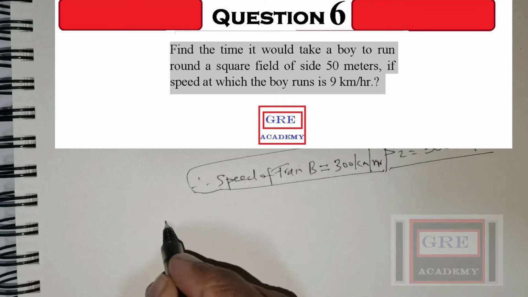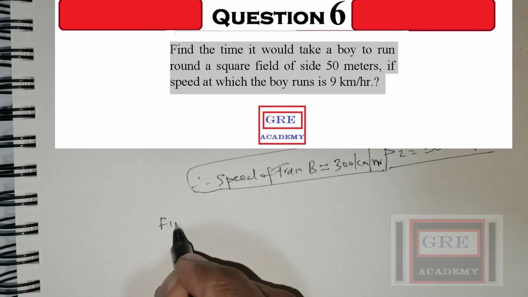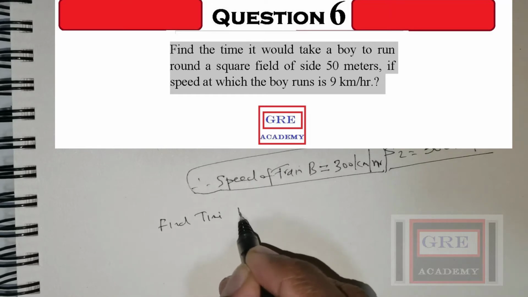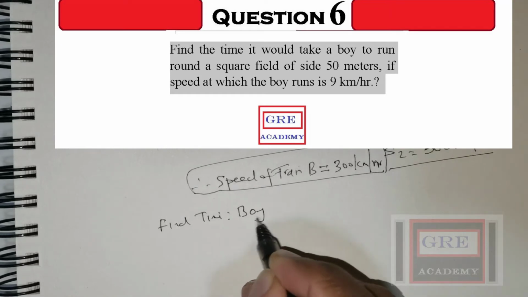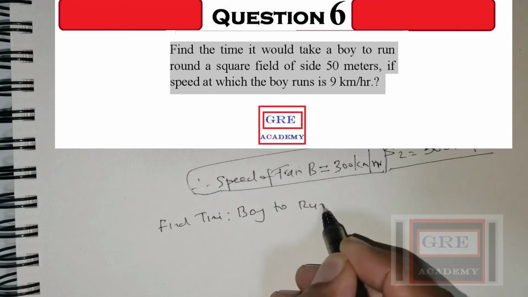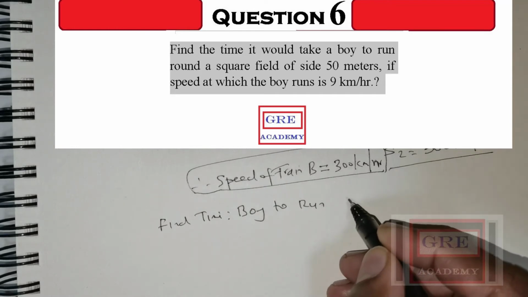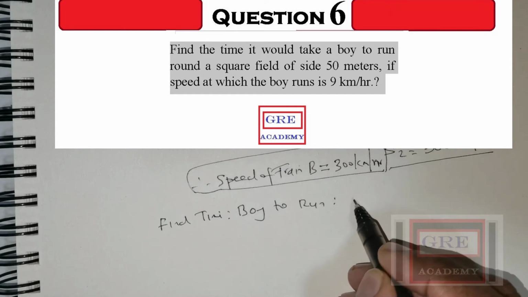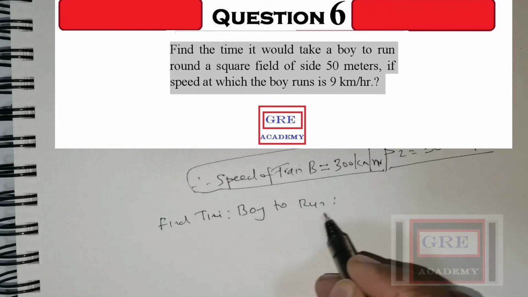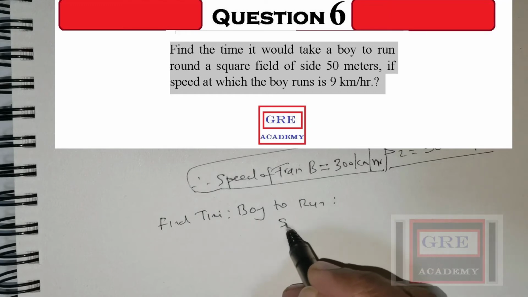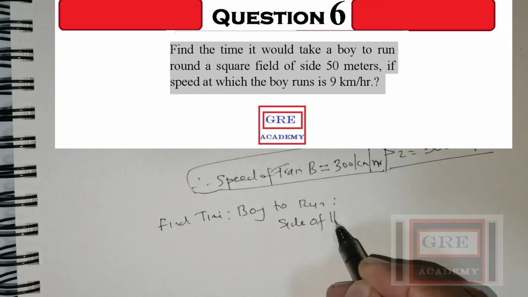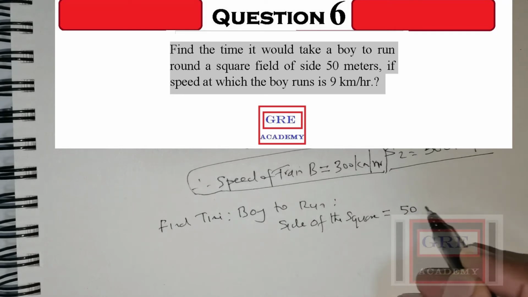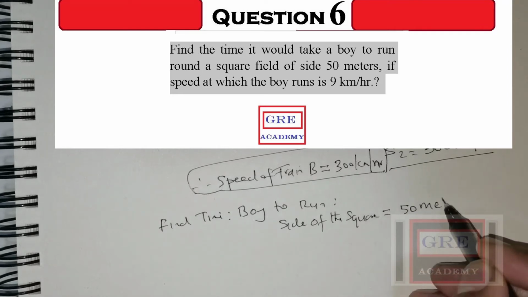Now we are expected to find the time taken by the boy to run around a field which is in the shape of a square. The side of the square is given to be 50 meters.